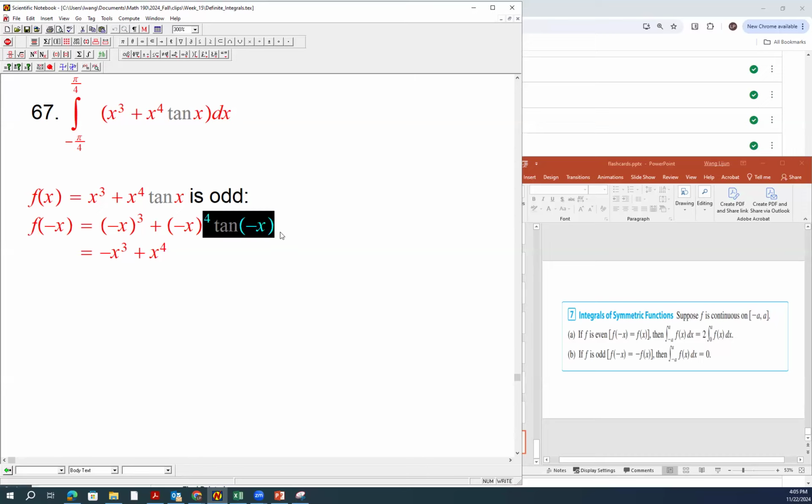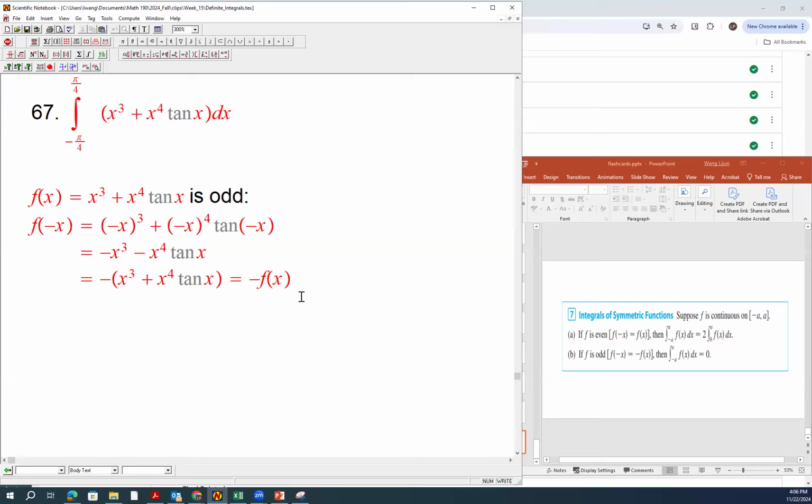Tangent function is an odd function. So tangent of negative x is going to be negative tangent x. So at this point, we will get the negative of this whole thing. We just factored out the negative sign. And that equals negative f of x. That's the definition of an odd function.